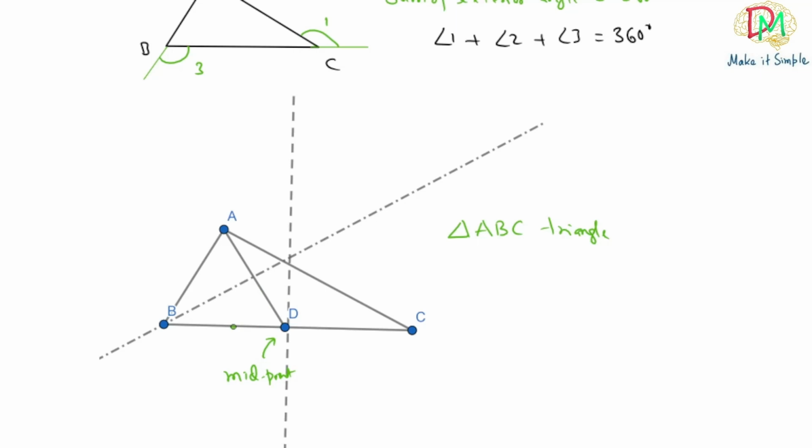Since D is the midpoint, PD is equal to DC, and this is the perpendicular bisector.